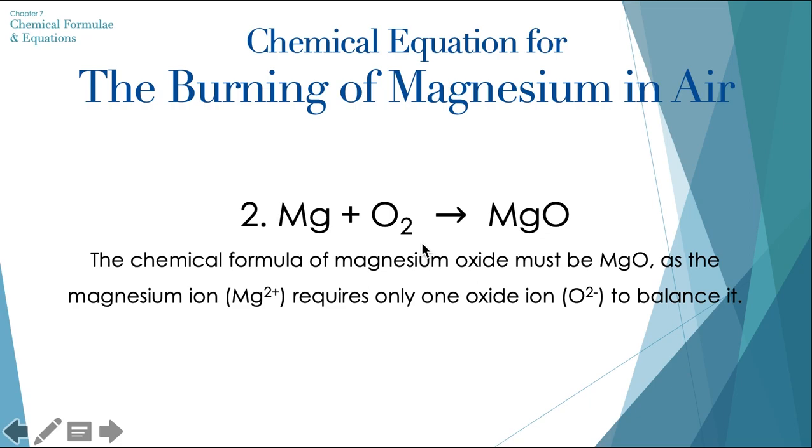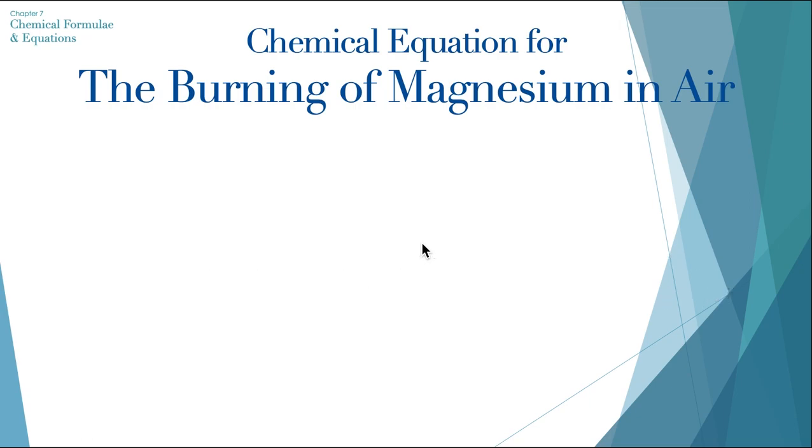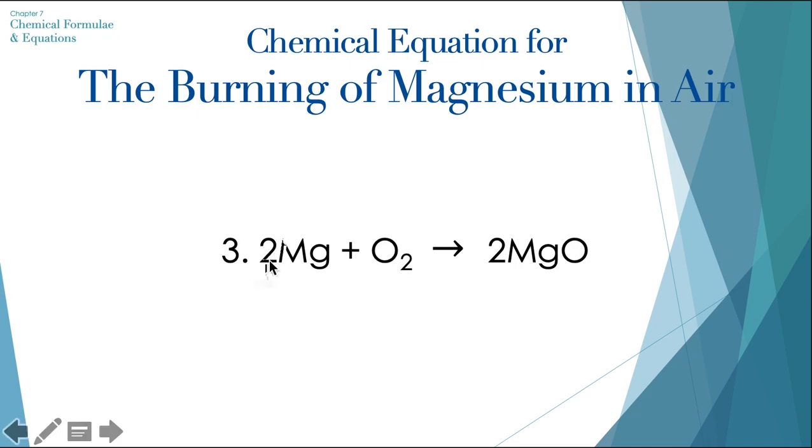So to balance it out, we make magnesium have 2 ions, because then the 2 get cancelled. Then we have a balanced equation: 2 MgO molecules. This balancing ensures that we have 2 magnesium atoms and 2 oxygen atoms on both sides of the equation.